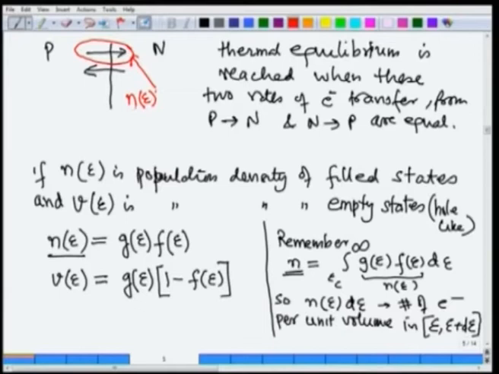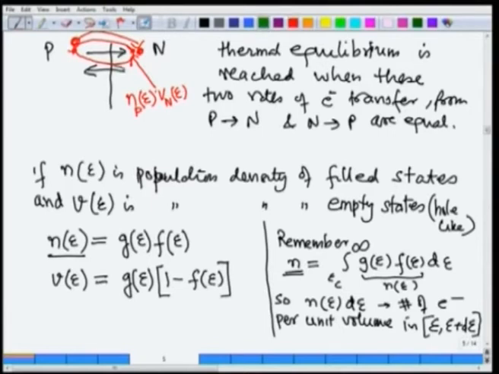On the p side. So, I am going to use the subscript p to indicate the side, since we are transferring from the p side, and it will depend on the number of vacant sites here, because electrons have to go from here over to here. Whatever the number of electrons here are, there must be a vacancy here to take the electrons on this side. So, they will depend on n on the p side and v on the n side, the vacant state on this side.